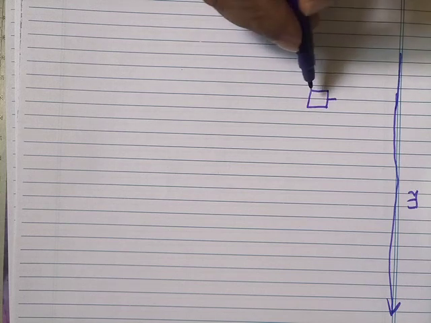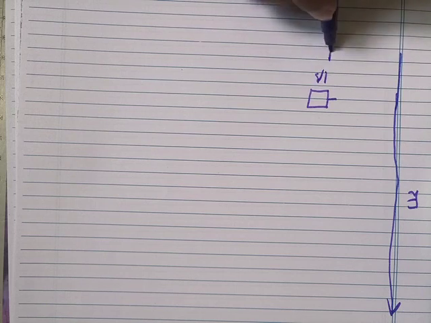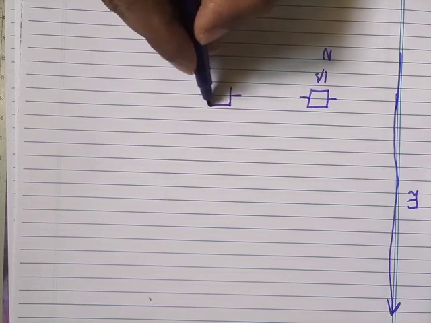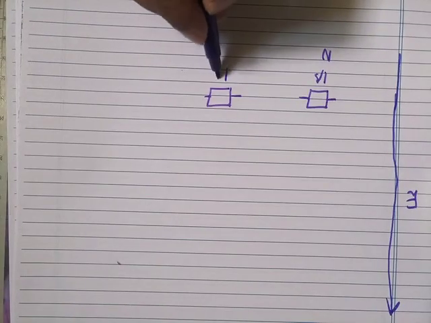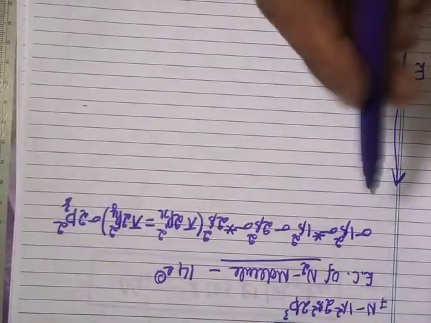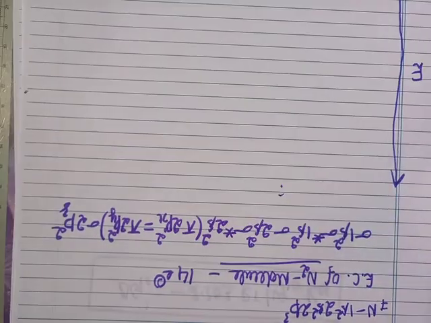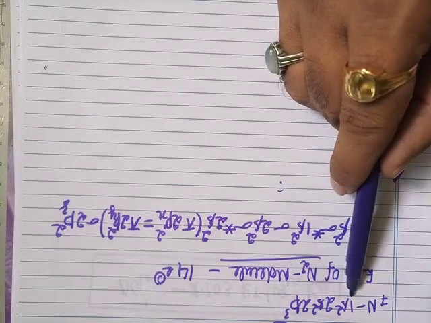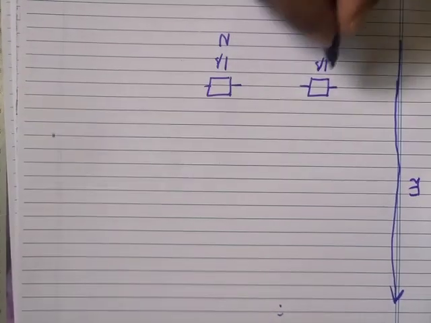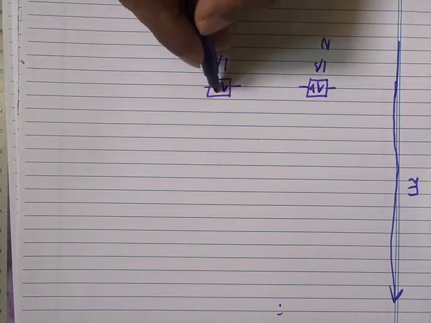This is the 1s atomic orbital of one nitrogen atom, and this is the 1s atomic orbital of the other nitrogen atom. Each 1s atomic orbital contains 2 electrons, so each nitrogen atom contains 2 electrons in its 1s orbital.